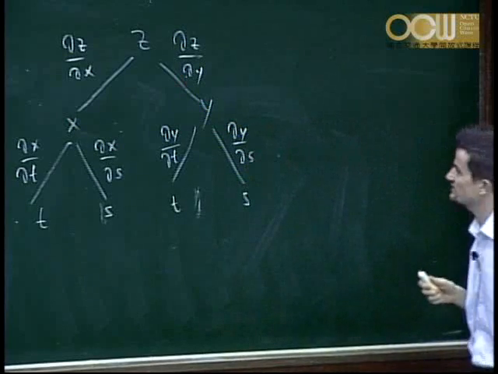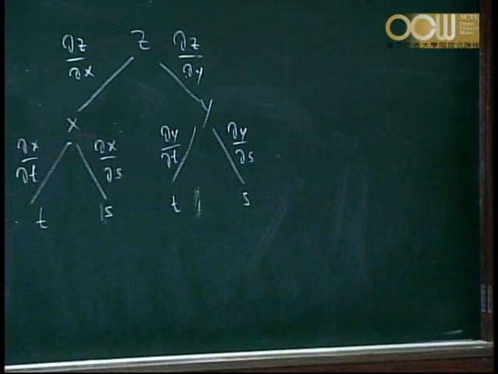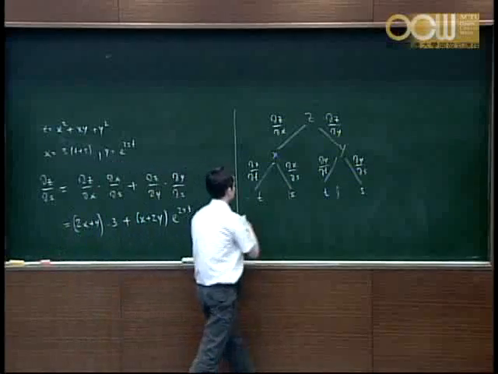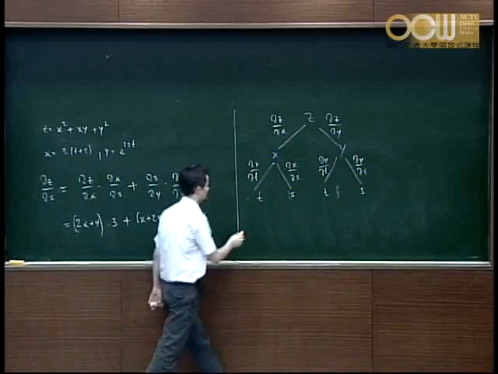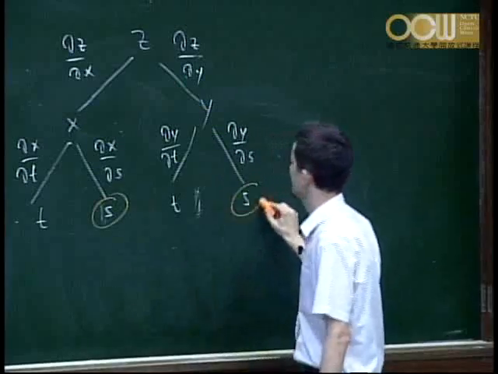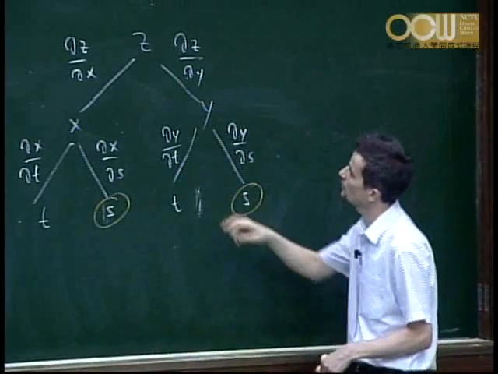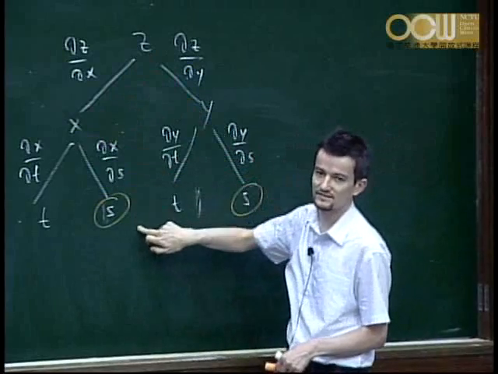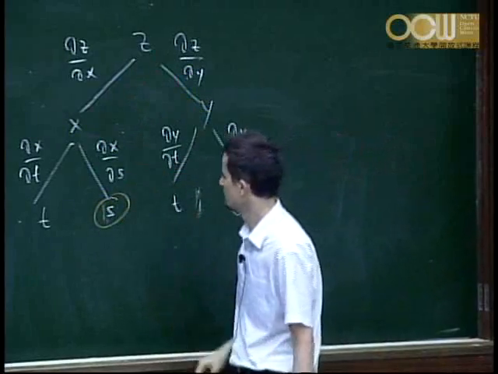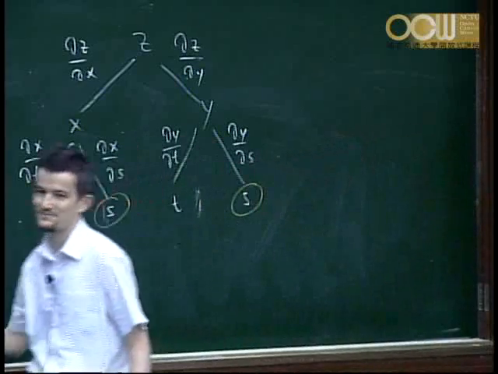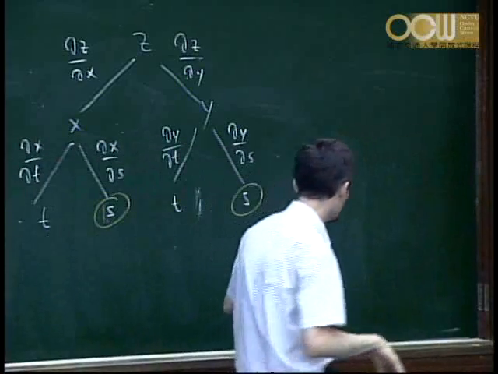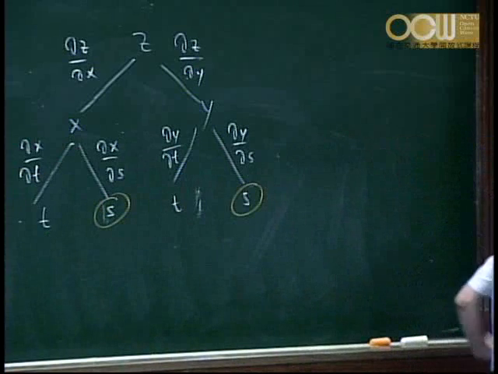If you are interested in the partial derivative of z with respect to s, you look where s is. Here you have an s, and here you have an s. Then you multiply along the path, and you add over all the paths you have, and you get the rule.